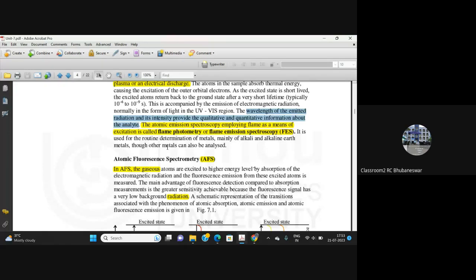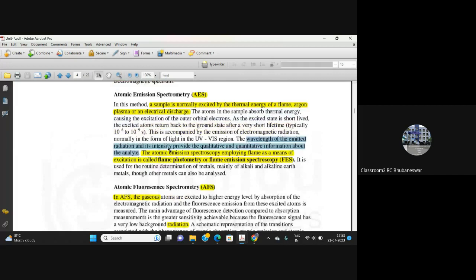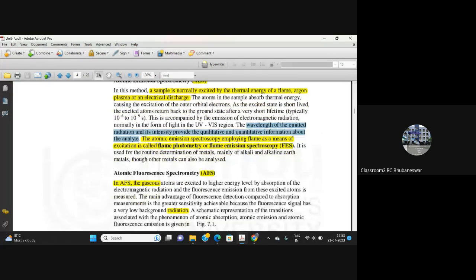So here you need to understand AES and AFS, that is atomic fluorescence spectrometry. This one first we'll finish. The atomic emission spectroscopy employing flame as a means of excitation is called flame photometry.